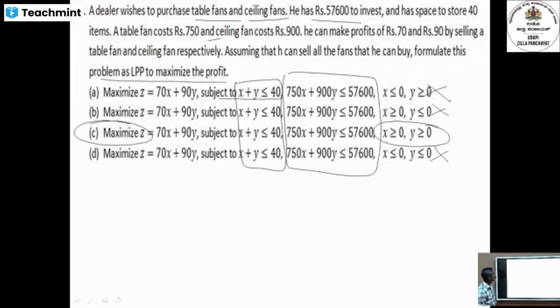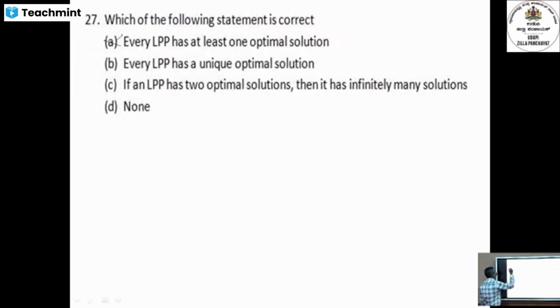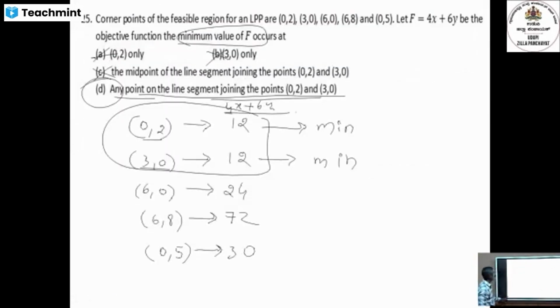Which of the following statements is correct? Every LPP has at least one optimal solution. No, some don't have any solution. Every LPP has a unique optimal solution. No, some of them have multiple solutions. Then comes the next one. If an LPP has two optimal solutions, then it has infinitely many solutions. Yes. Just now we have seen a problem, any point on the line segment.